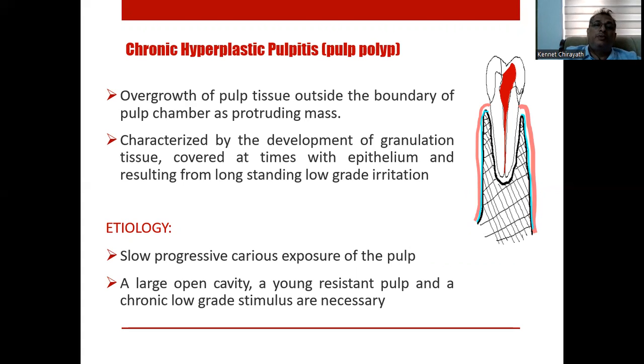So overgrowth of the pulp tissue outside the boundaries of the pulp chamber as a protruding mass that is characterized by development of granulation tissue covered at times with epithelium and resulting from long-standing low-grade irritation. Etiology, that is slow progressive caries exposure of the pulp, a large open cavity, a young resistant pulp, and a chronic low-grade stimulation are necessary.